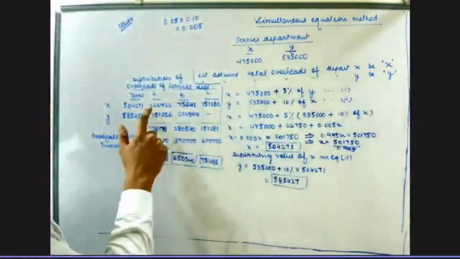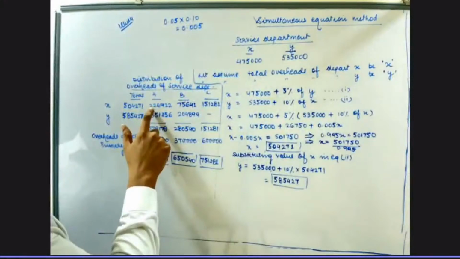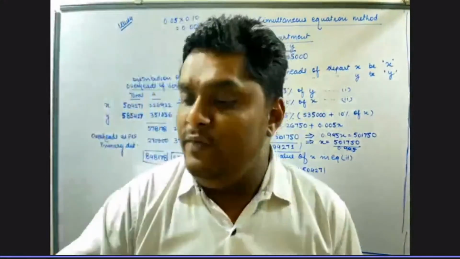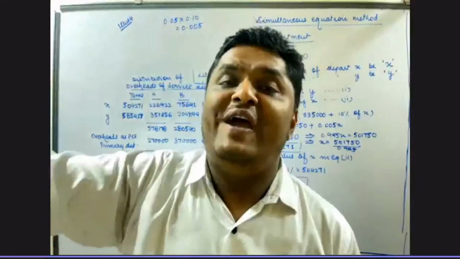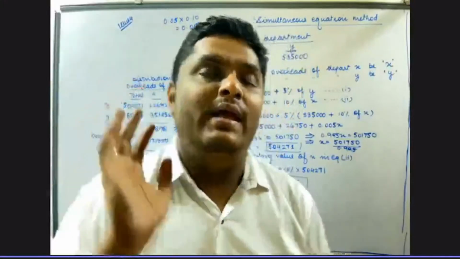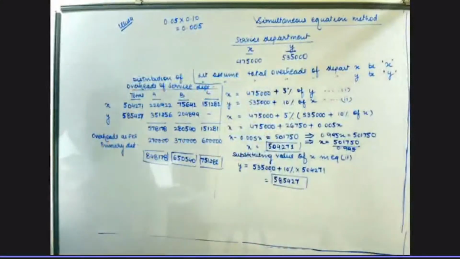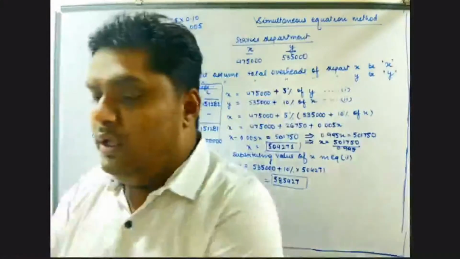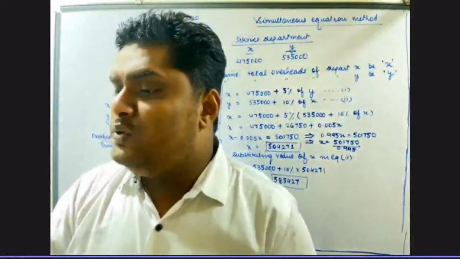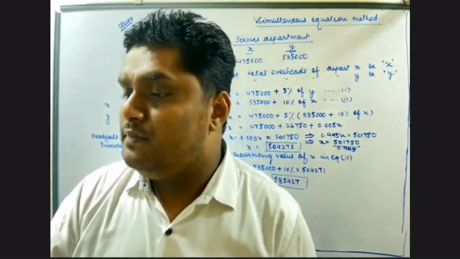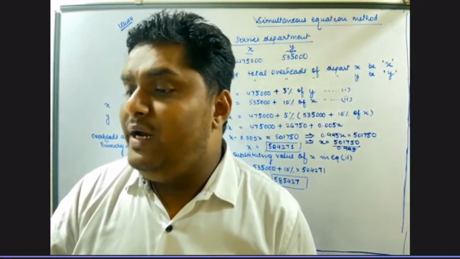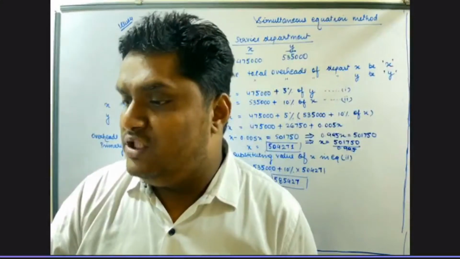Guys, this calculation is very important. I have not taken 5% because 5% has already gone to Y and the 10% has already gone to X. So this 226922, what is this 226922? I have not distributed in ratio, guys. Let me take out this question for 1 second.